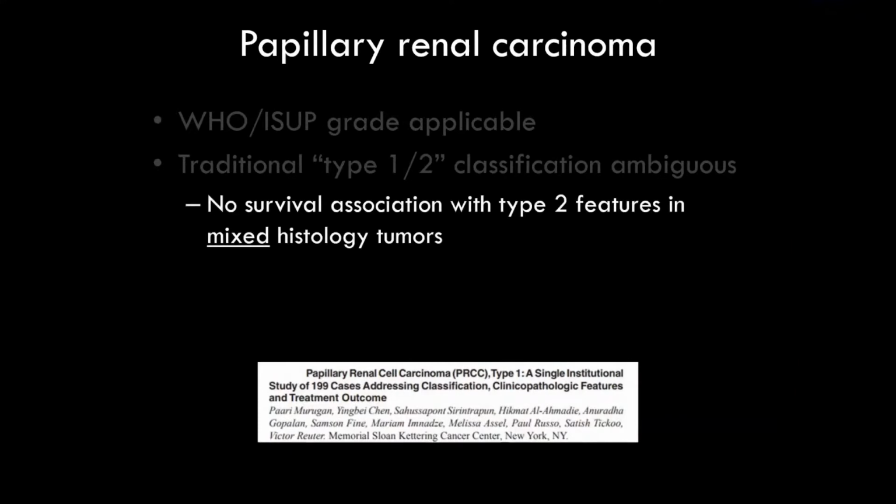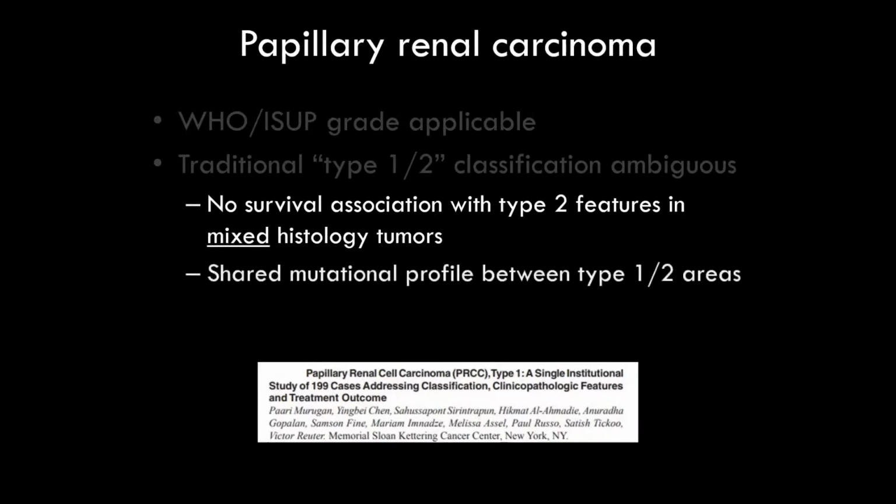So essentially mixed tumors with type 2 features anywhere between less than 10% to greater than 90%. And what we found was there was no survival association with any amount of type 2 features. Even tumors that had more than 90% type 2 areas did not behave worse than the tumors that had very little or no type 2 areas. They essentially behave like type 1 carcinomas.